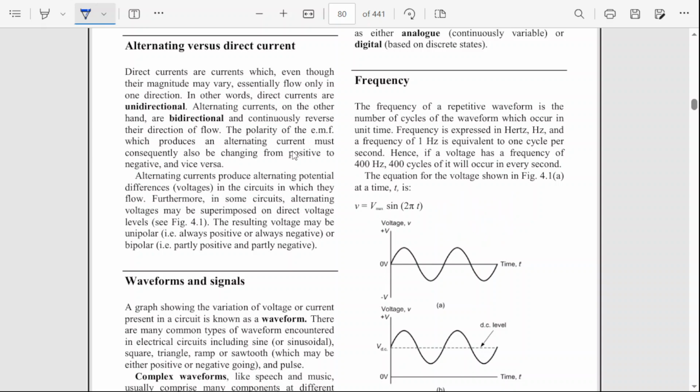So that is basically what they're saying here in this paragraph. Let's continue. It says alternating current produces alternating potential differences or voltages in the circuit in which they flow. Furthermore, in some circuits, alternating voltages might be superimposed on direct voltages. The resulting voltage might be unipolar, i.e. always positive, or always negative.